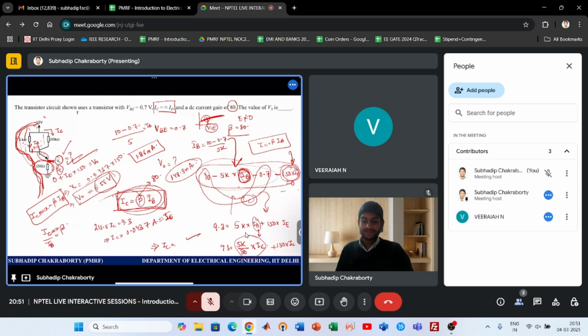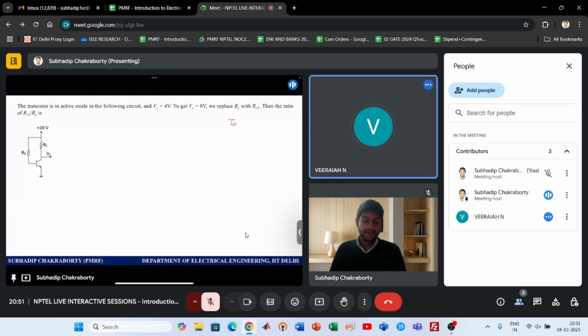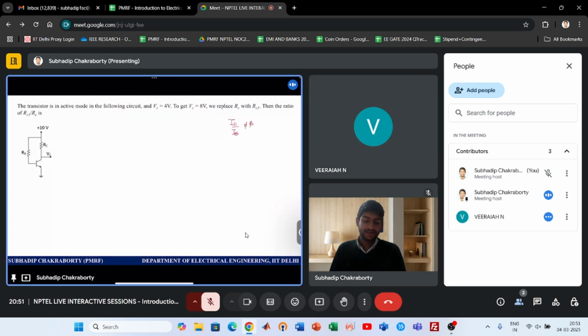So always remember that IC by IB is not beta, but IC max by IB is beta. You can use this relation including the bias resistance. That gives you the complete picture of the loop.